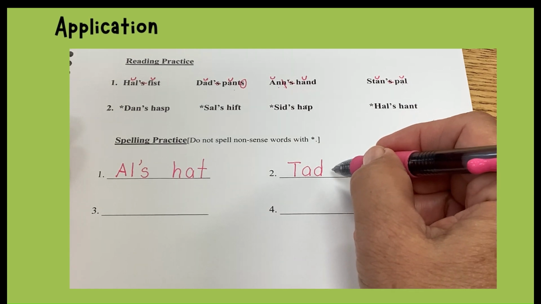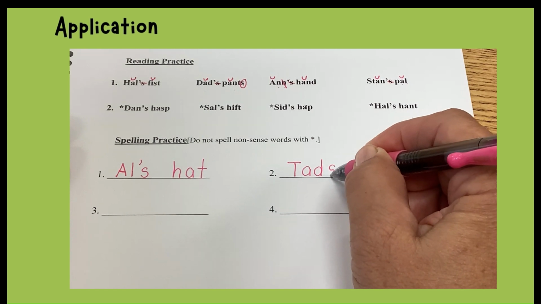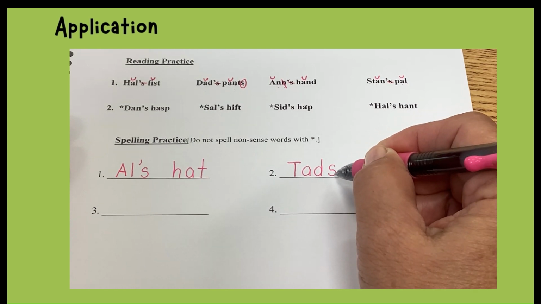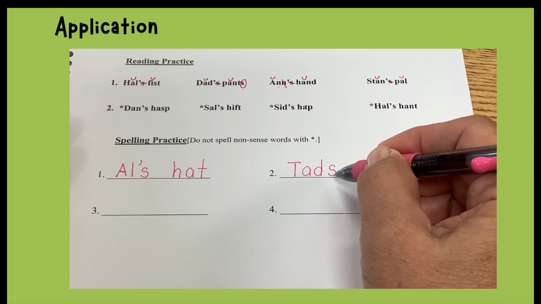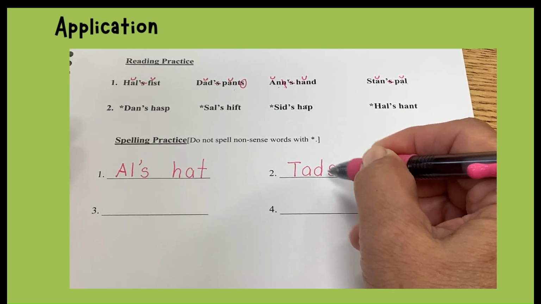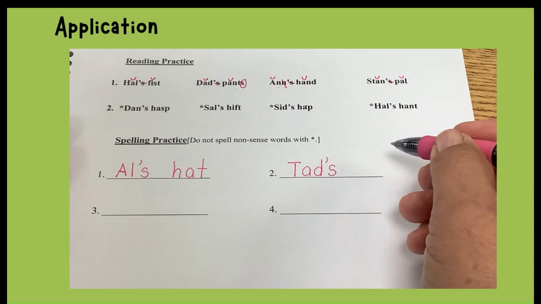What is going to make that Z sound? Yes, that letter S is going to make that Z sound. Now, to show that whatever is here belongs to Tad, remember we have to have that apostrophe S.